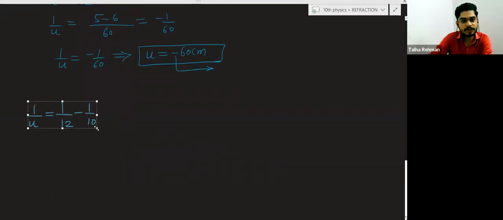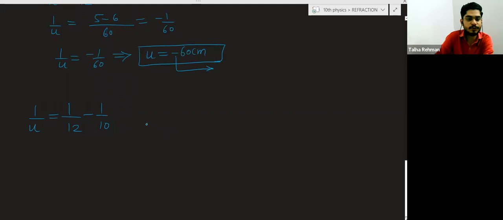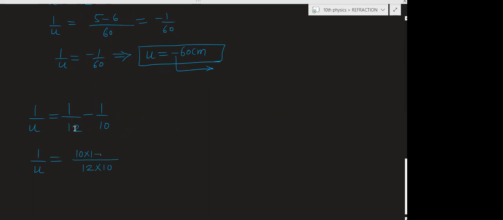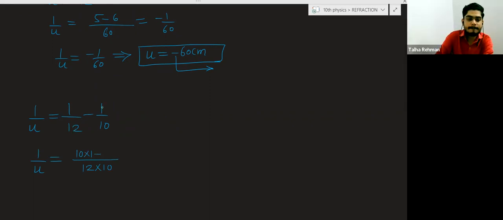Now from the cross multiplication method, what you will do here, you will just multiply this 12 into 10. So 12 into 10. Then you will multiply this 10 with 1, which is 10. You will multiply this 12 with 1.